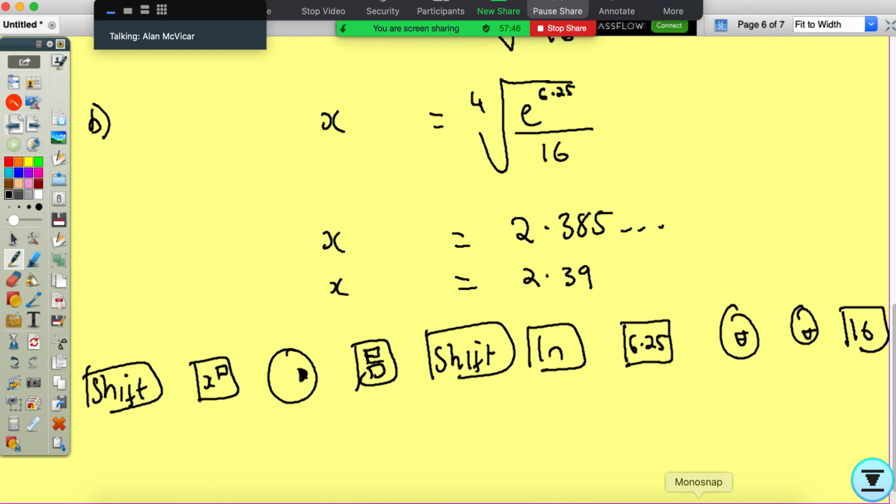Okay. Is anyone getting questions about that or can't get it working in their calculator? No? Cool. Right.